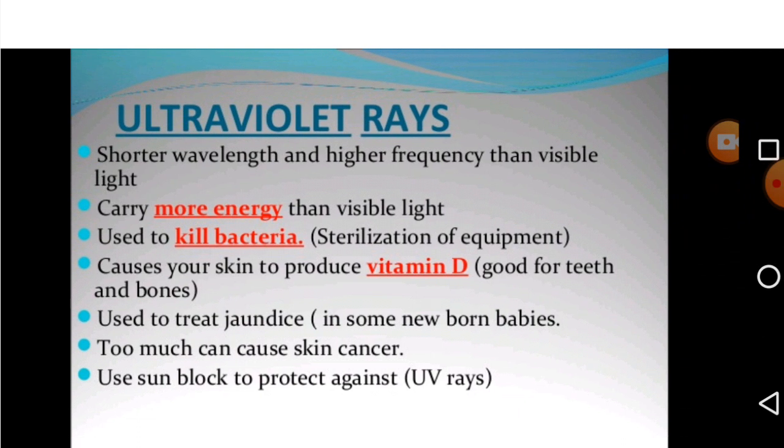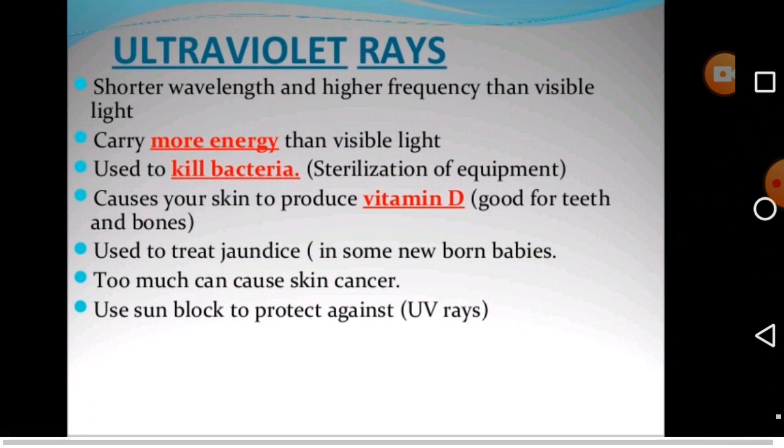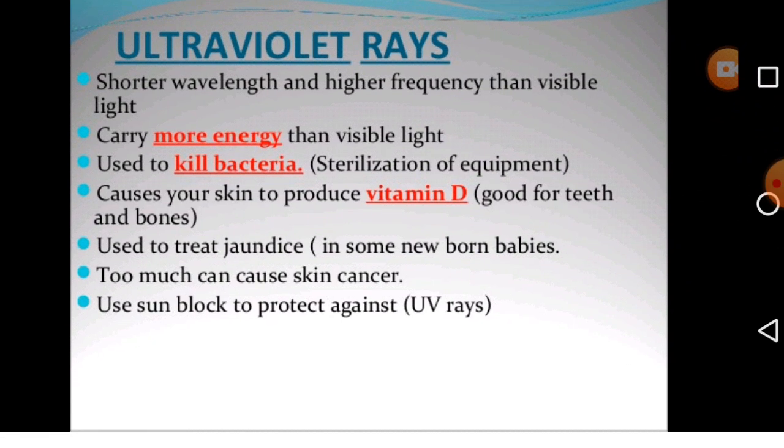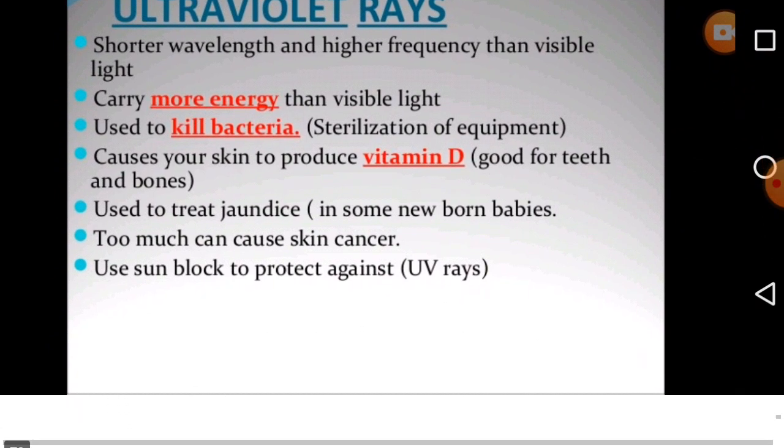Then ultraviolet rays, with shorter wavelength and higher frequency than visible light, carry more energy than visible light, and are used to kill bacteria, that is sterilization of equipment. You have seen this in many hospitals, or you have heard the word sterilization. It is nothing but done with ultraviolet rays.